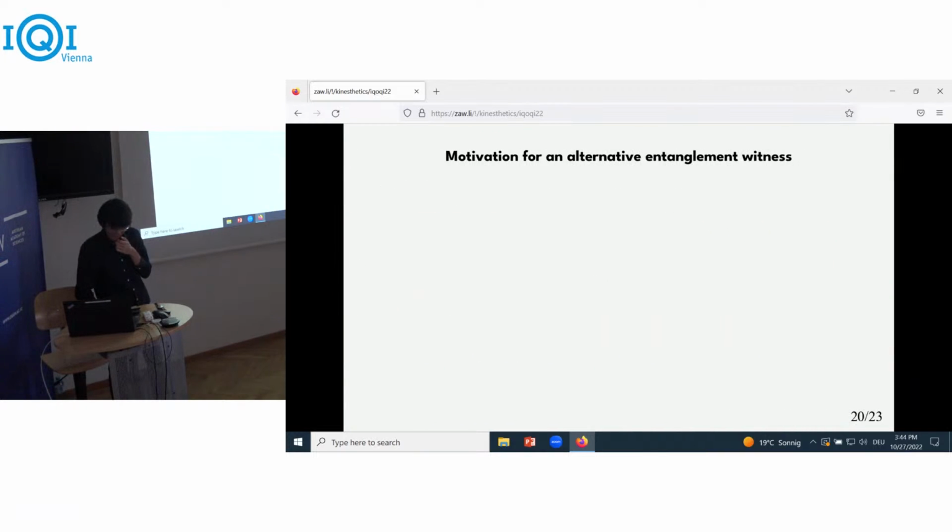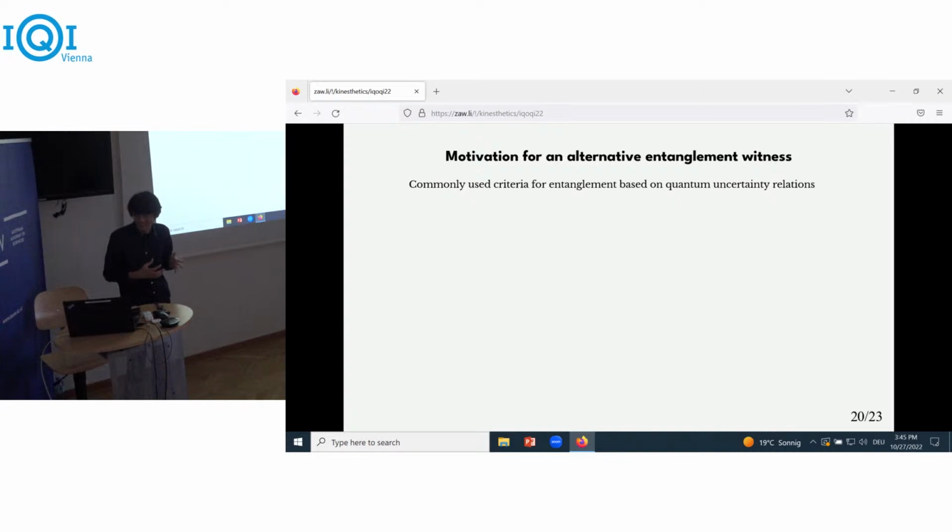This is kind of backwards because usually you start with the motivation, but maybe going back to the motivation. Why were we actually looking for this? Commonly used criteria for continuous variable entanglement are based on quantum uncertainty relations.